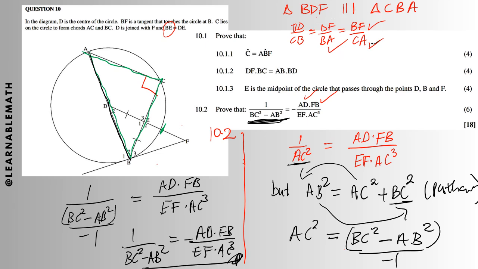Then you go back and look at your properties, then you finally solve it. This was also quite challenging because you had to multiply by 1 over AC squared there, because there was no way you could get AC exponent 3. So you should have those manipulative skills as well.